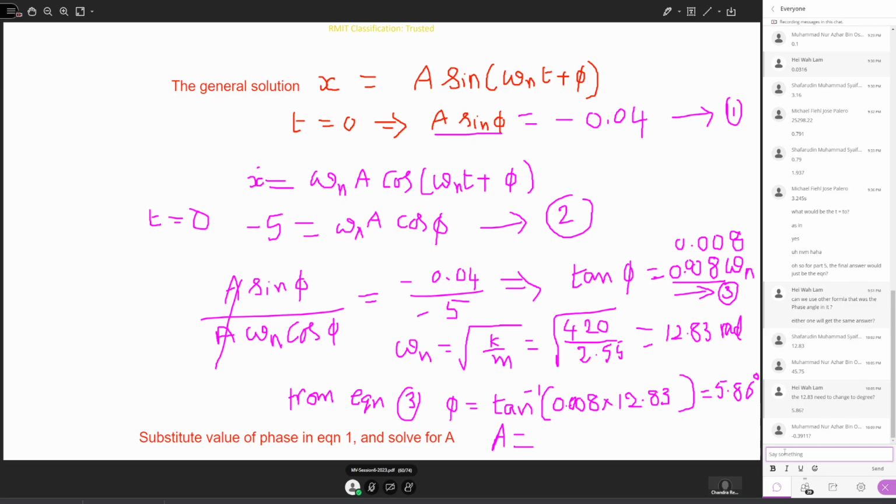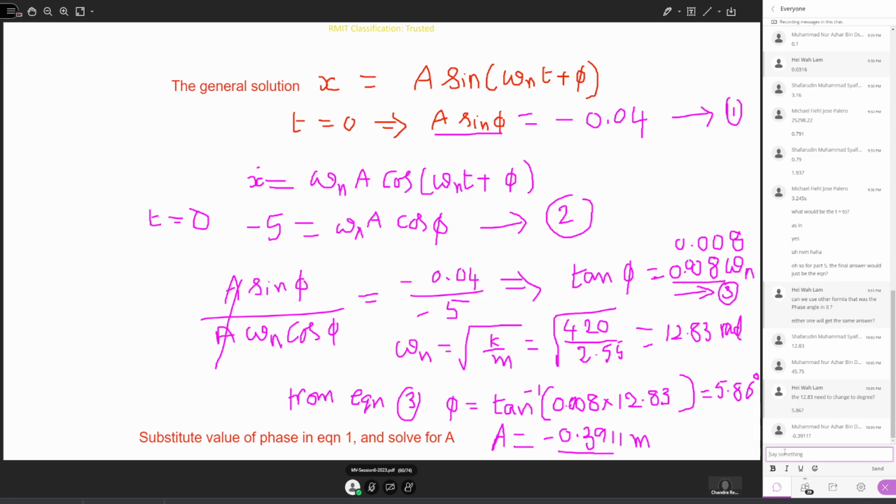That's correct, Azhar. So A, you will get 0.39. That means the maximum displacement is 0.3911 meters. So you will get the maximum displacement.